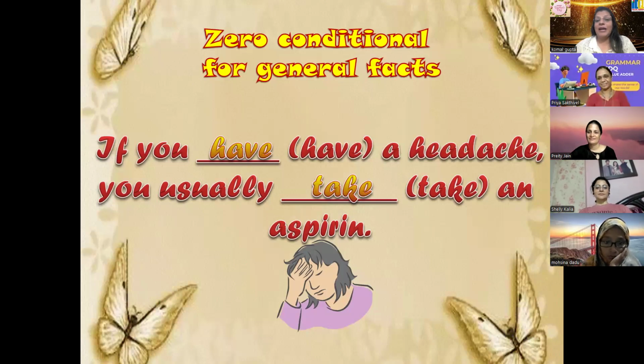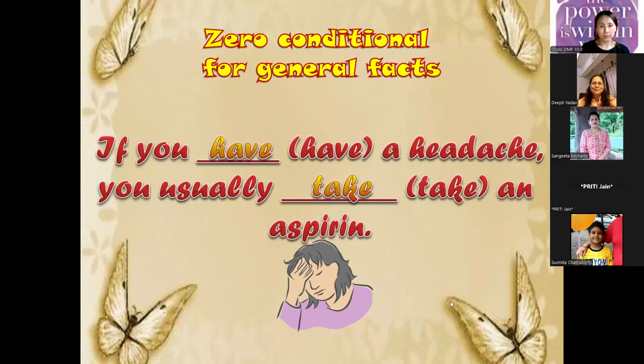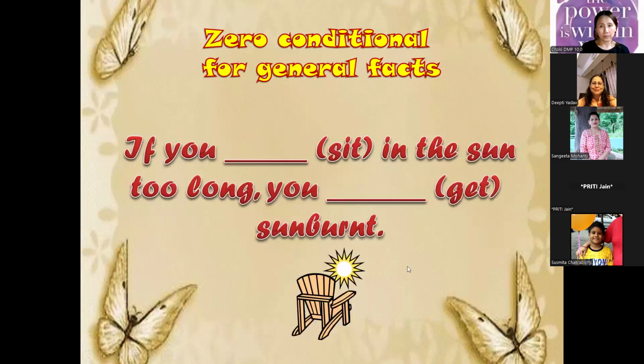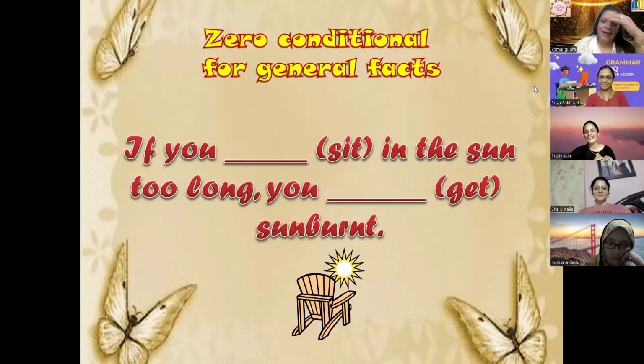Take an aspirin. Why an? Because aspirin starts with A. Nowadays aspirin is not used. I had a problem one month back. Ma'am, take Disprin. Yes, Disprin. Then we have to change the article also. Disprin.